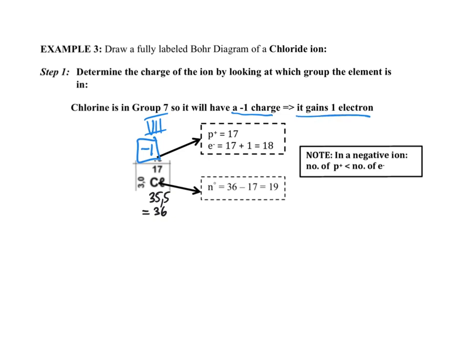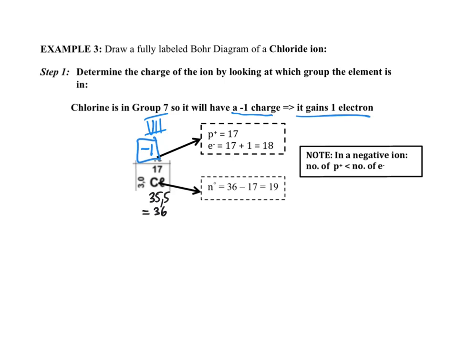The number of protons is 17, so the number of electrons in the atom would be 17, but now it's gained 1 electron. Remember the magic numbers, 2, 10, 18. The 18 is telling you that by gaining that electron, you're filling the outer energy level. So that's a correct amount of electrons.